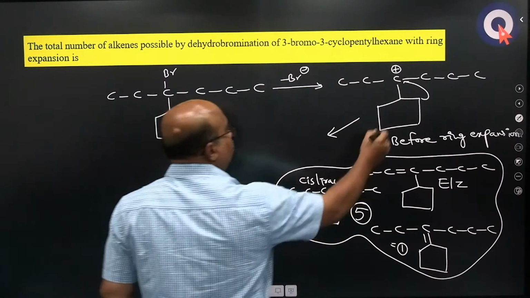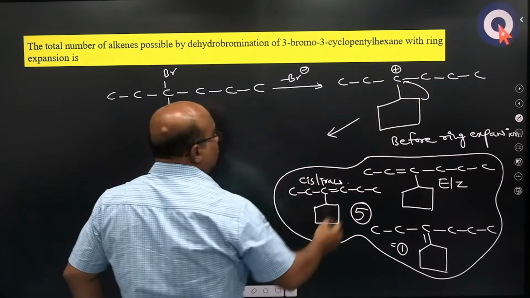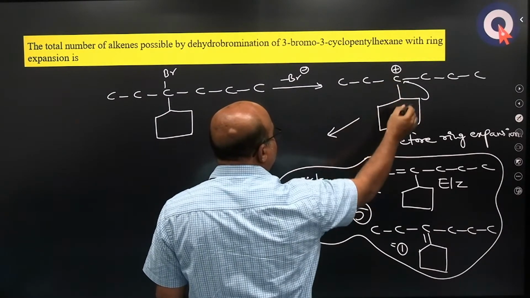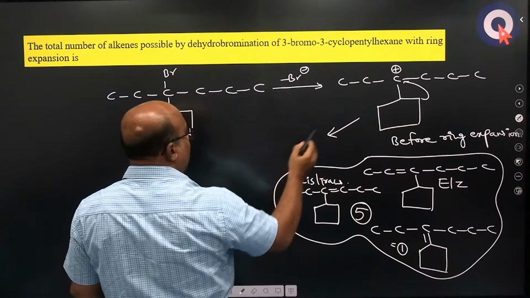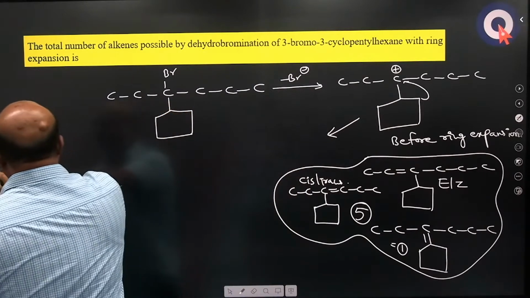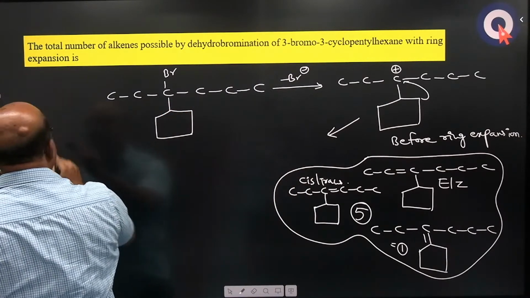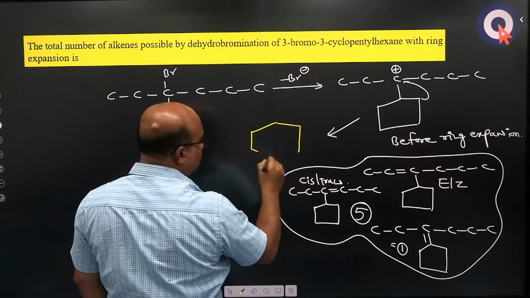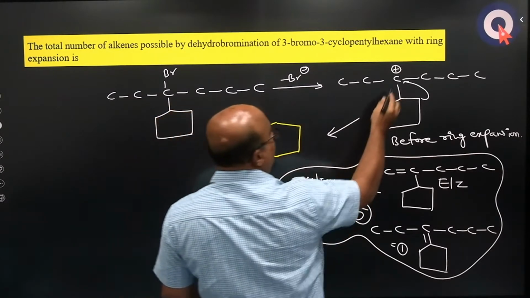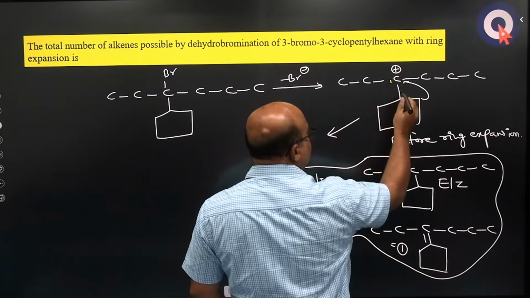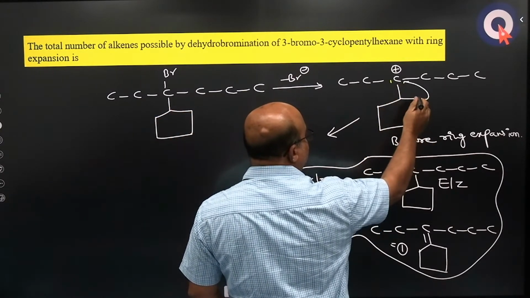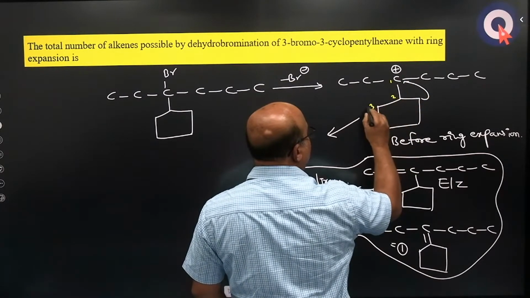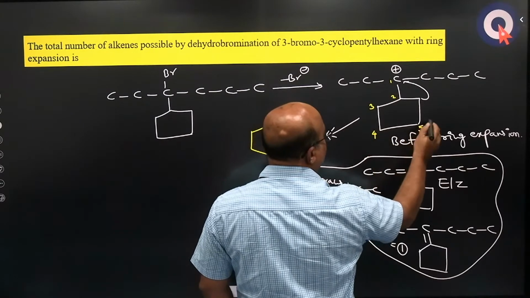So, now let us do the ring expansion. The 5-membered ring having a positive charge will become a 6-membered ring. So, what is after ring expansion? If you see, this is the thing we see, a 6-membered carbon ring. So, this carbon is 1, because the continuous chain is like there, because we shifted this carbon to this. So, 1, 2, 3, 4, 5 and 6.